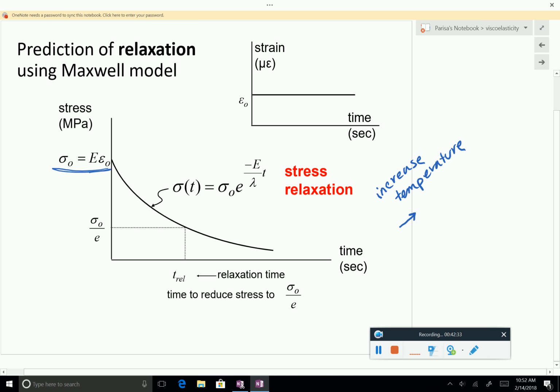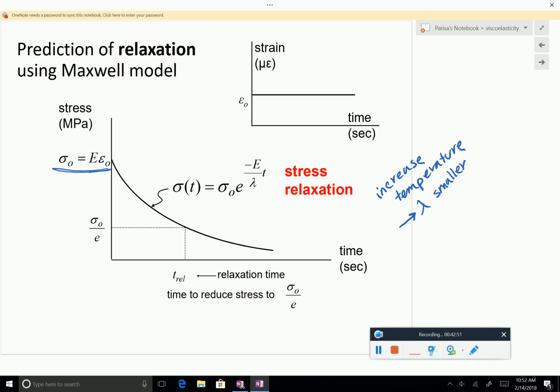If I increase temperature, what happens to viscosity, lambda? Becomes smaller. How would this curve look like then? Try to think. So this was at 50 degrees.